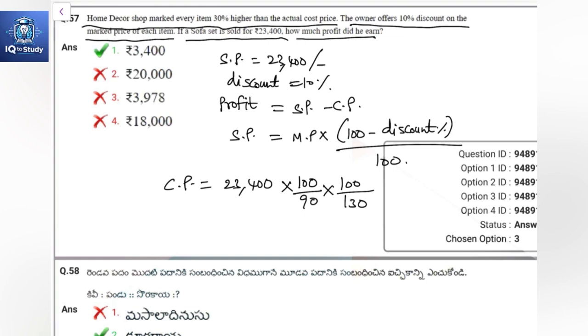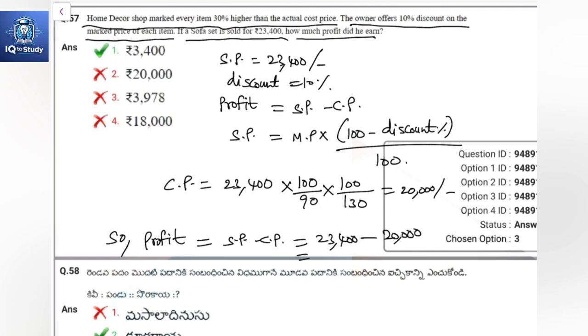So it is 100 by 90 into 100 by 130. After simplifying, cost price is 20,000 rupees. So profit is equal to selling price minus cost price, which is equal to 23,400 minus 20,000, that is equal to 3,400 rupees, which is option 1.